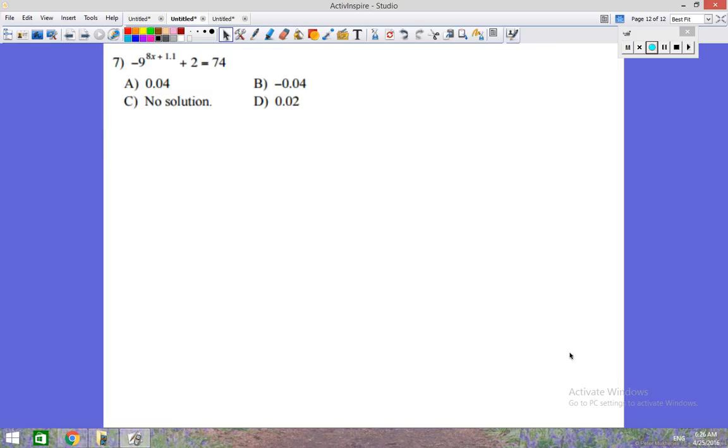So let's solve this equation. It has two terms. We want to get the term that contains our variable by itself.